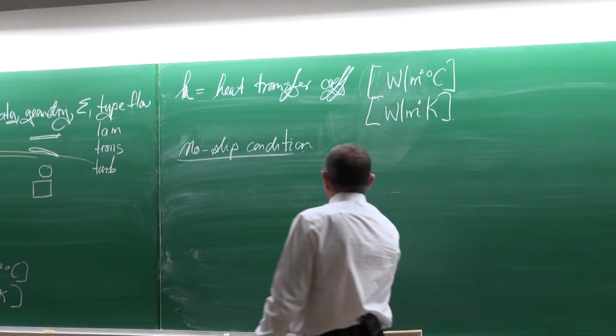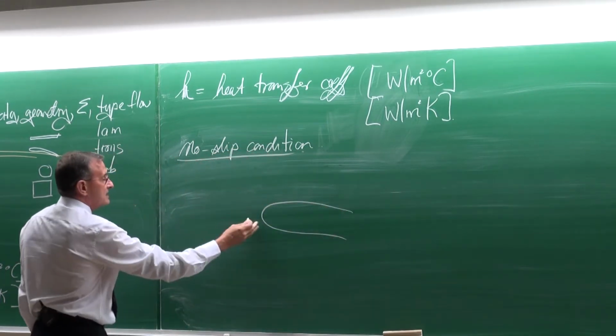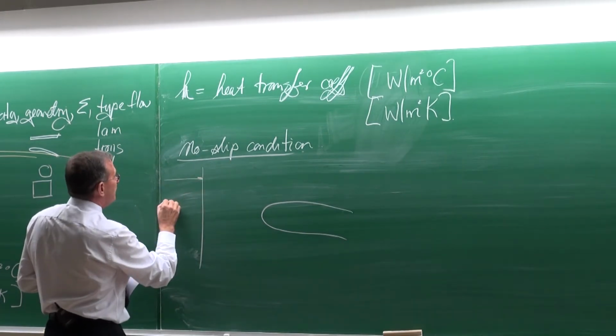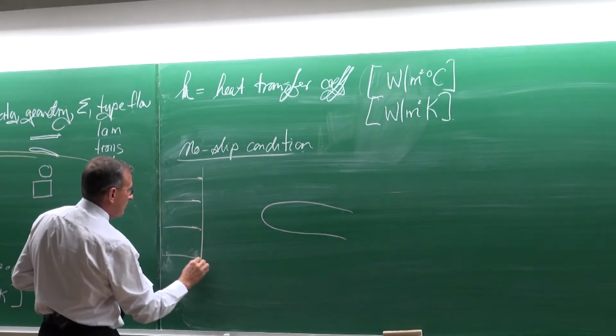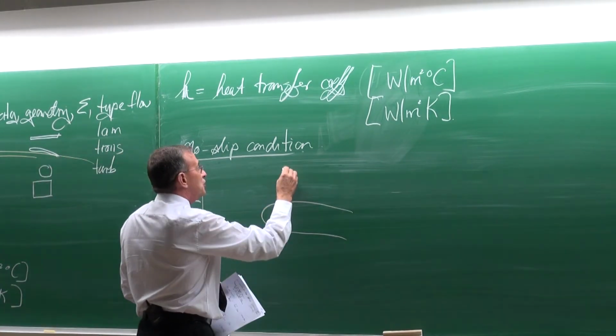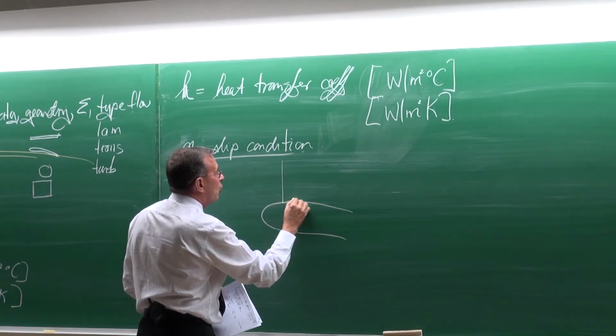So in fluid mechanics, you've looked at an object. Let's suppose it is an aeroplane aerofoil, and this is the free stream velocity, V infinite, and you would go and measure the velocity here somewhere on the wall.